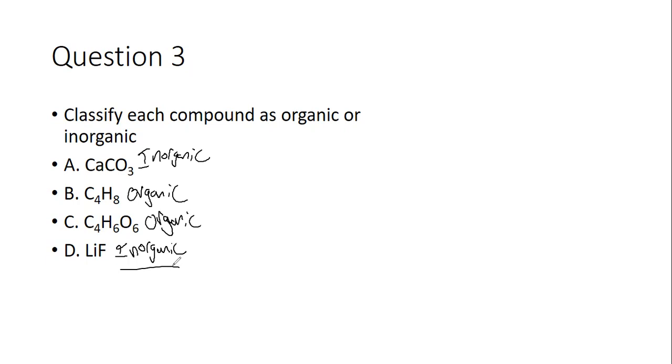So let's talk about the special case of A. Usually, if it only contains carbon and oxygen, it's inorganic. Usually you need a hydrogen there. Also, when you have a metal in it, a lot of the times, not always, that's going to make it inorganic as well. So to be organic, you generally want carbon and at least one hydrogen.